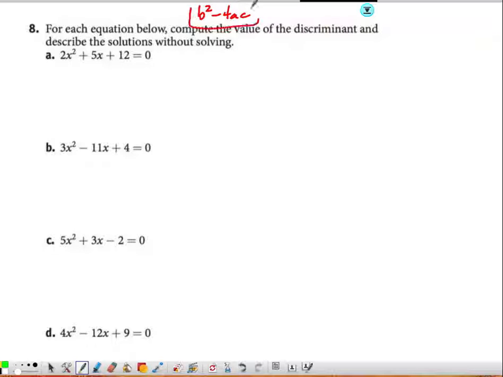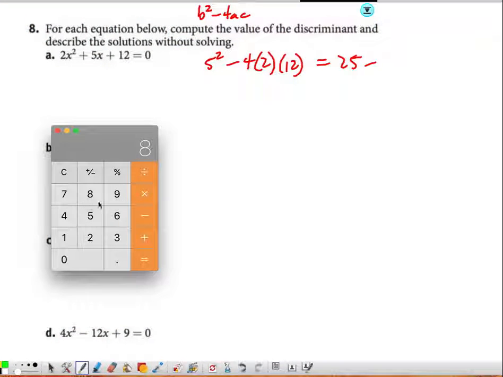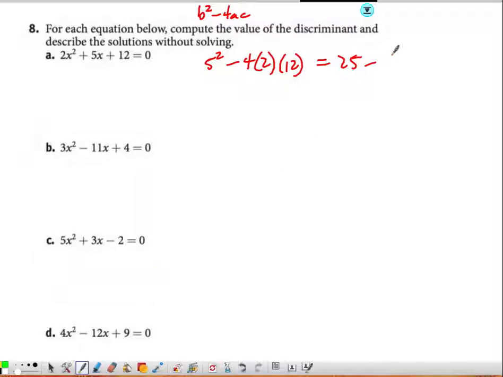So simply using this, b squared minus 4ac, b squared, well, that's going to be 5 squared minus 4 times 2 times 12. We have to do some math here, which is 25 minus 4 times 2, which is 8. 8 times 12 is 96.